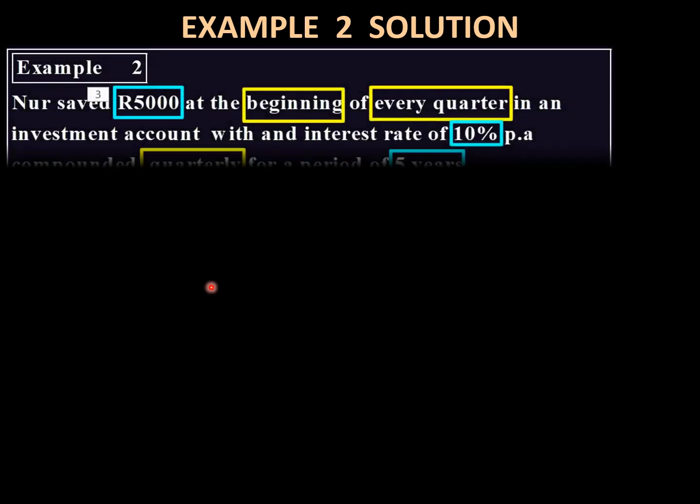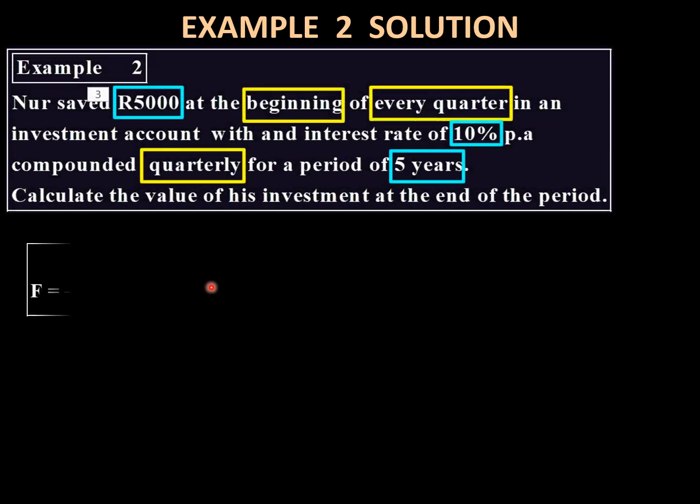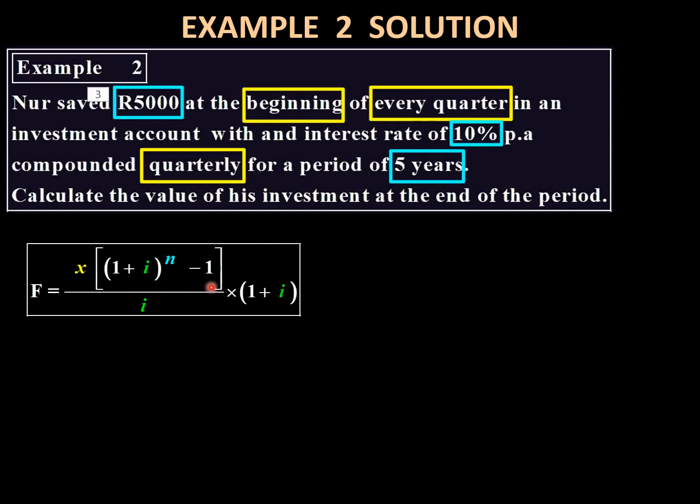Now let's actually do the calculation. I just put down the question there again. So we said it's going to be future value, but because it's an annuity due, it's beginning, we have to adjust the formula. We have to add that portion there. Now it's just a matter of substituting. The X is 5,000, the I is 10% over 4, the annuity period is 5 times 4, which is 20.